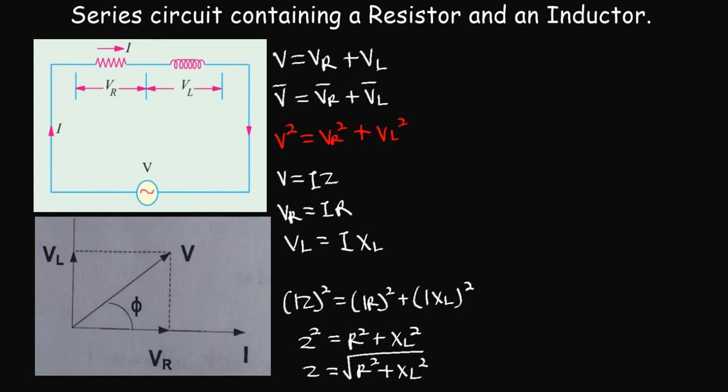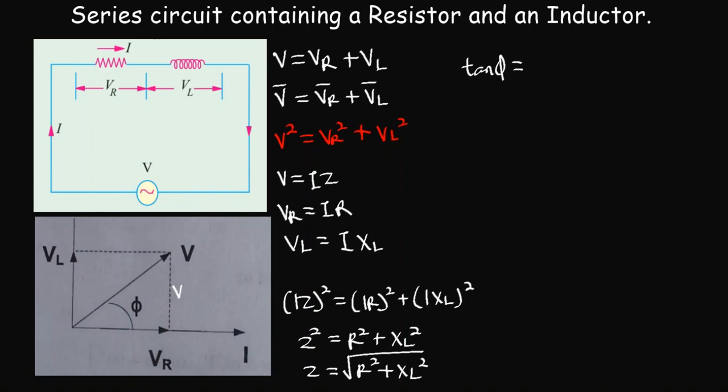So if you are asked to find the impedance in such a circuit, this is the formula that you are going to use. You may also be asked to find the phase angle between the total voltage and current in this circuit. From the phasor diagram, you can see that tan phi will be equal to the opposite over the adjacent.